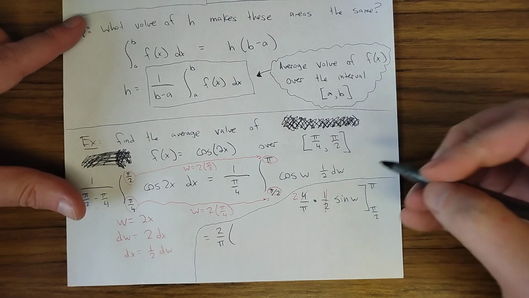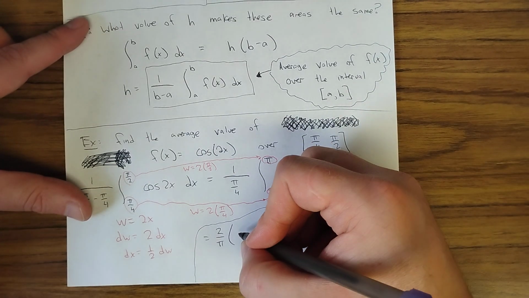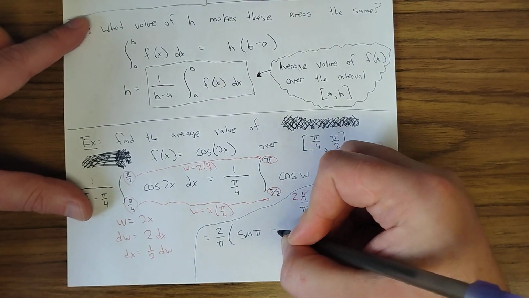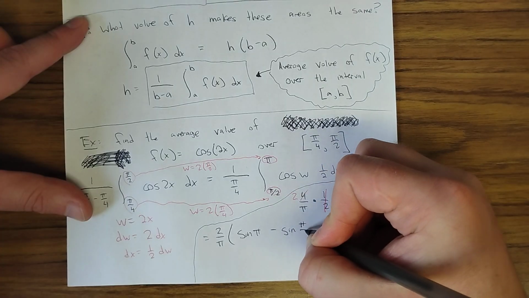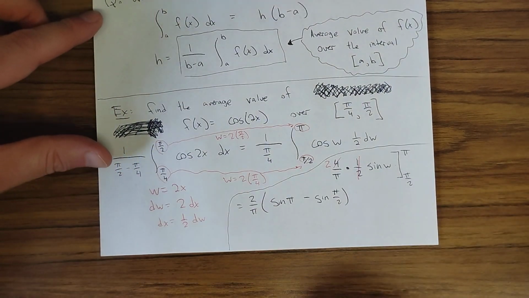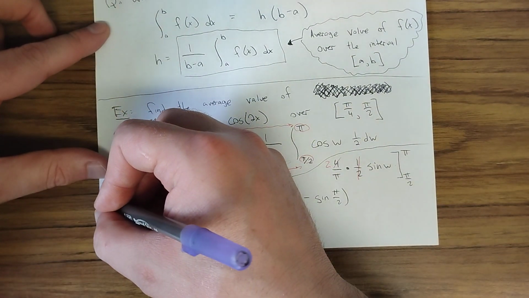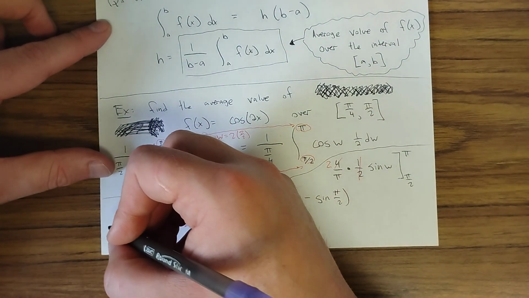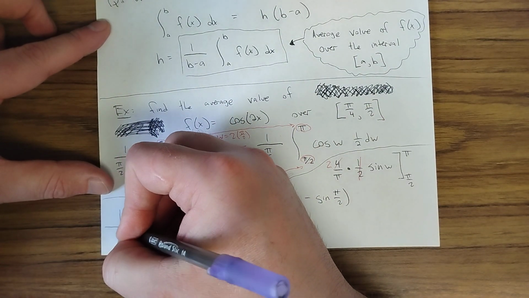And then I'm going to have a 2 over pi. And then I put in pi. And then I put in pi over 2, like that. Let me just draw a little unit circle here.